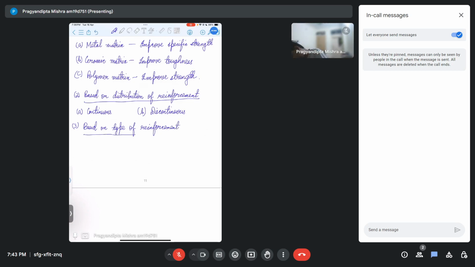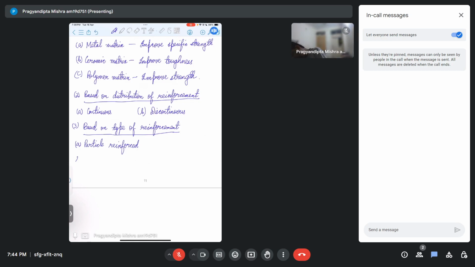The mass of the composite Mc is equal to the mass of the matrix plus the mass of the reinforcement. Now the volume of the composite Vc would be equal to the volume of the matrix plus the volume of the reinforcement plus the voids. Due to mixing of matrix and reinforcement, you will see formation of voids, so we have to take this into account, because you will not see a perfect one-to-one matching between matrix and reinforcement. Some places you will see voids being formed.